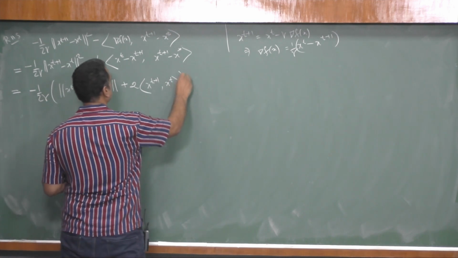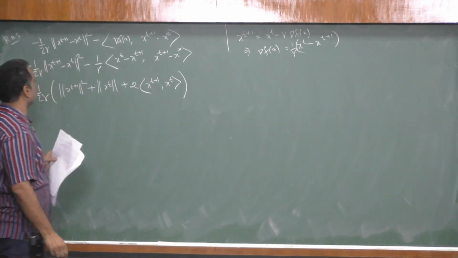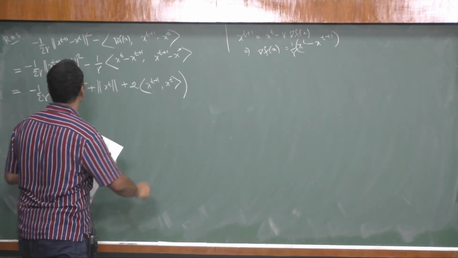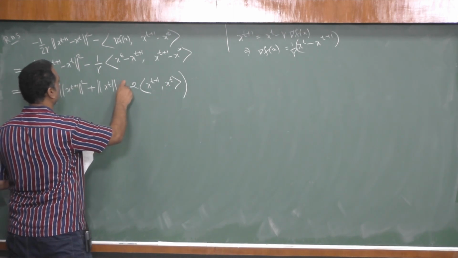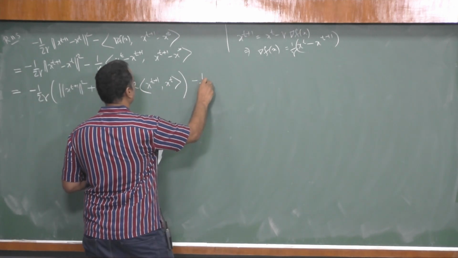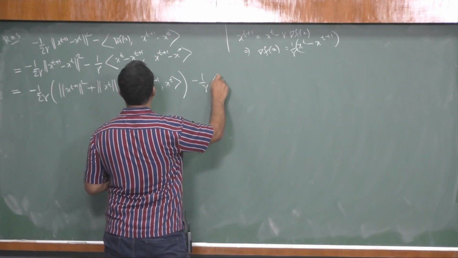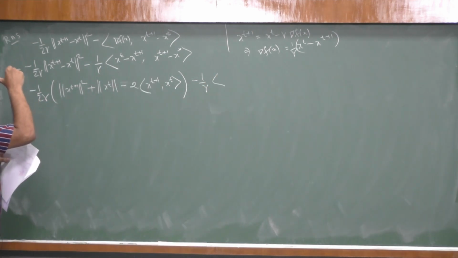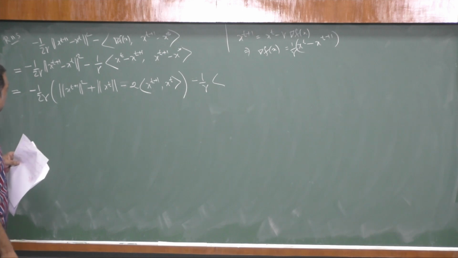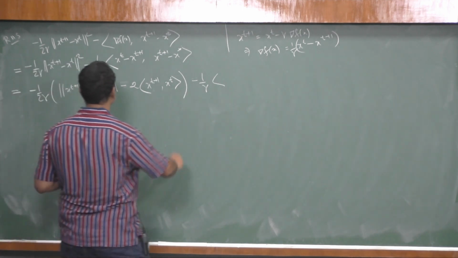Okay, we have expanded the square here, and then there is a minus sign, and minus 1 by gamma, and we can expand here also, I guess. That will make sense. Let us expand it because it looks useless in the current form.